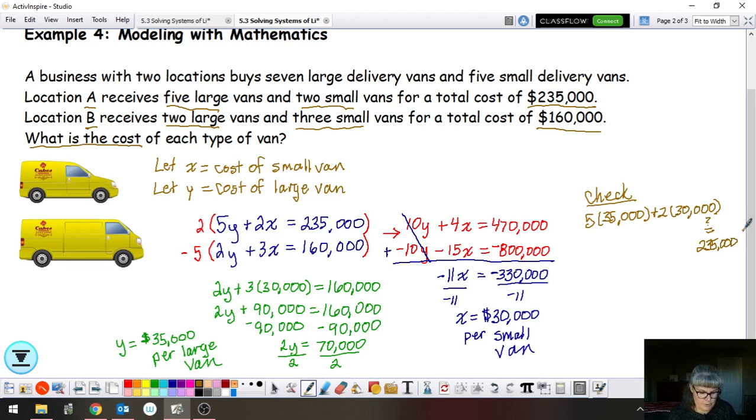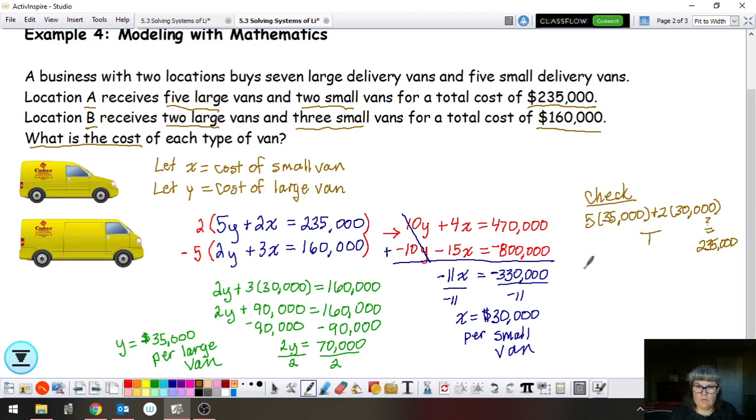So I'm going to use my calculator. 5 times 35,000 plus 2 times 30,000 does equal 235,000. That is true.